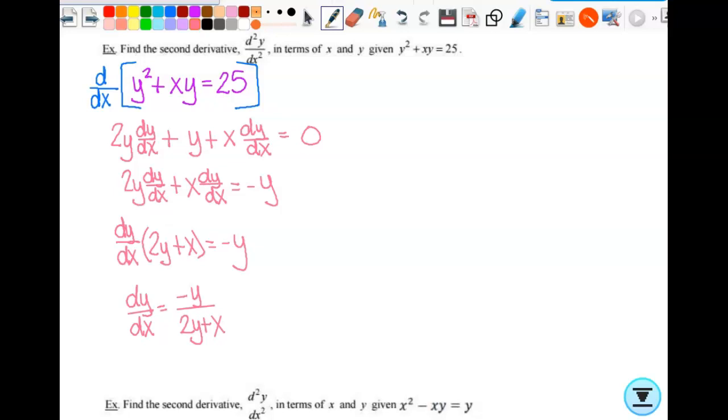Okay, so now to take the second derivative, I'm going to take the derivative of this. So we're going to take the derivative with respect to x of dy dx, which is negative y over 2y plus x.